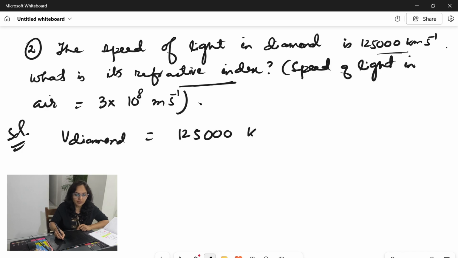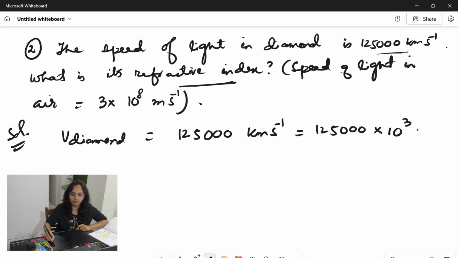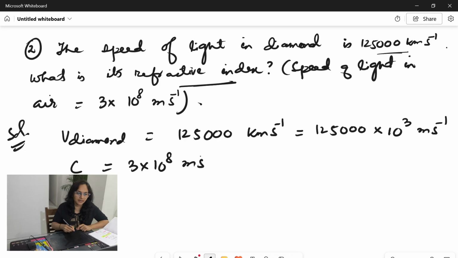125,000 kilometers per second. Let's convert it to meter per second, because speed of light in air is given in meter per second. So 125,000 into 10 raised to the power 3 meters per second, and C, speed of light in air is given to us, 3 into 10 to the power 8 meters per second.